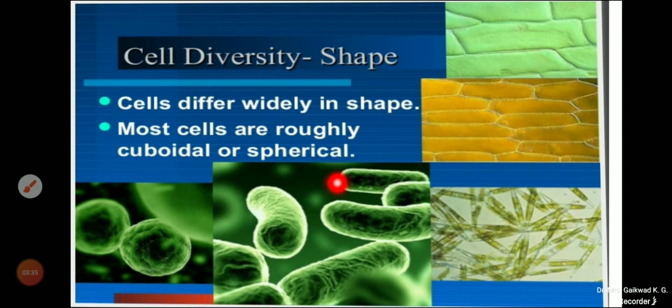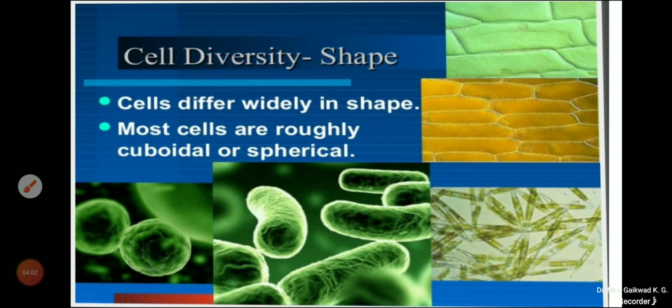A cell may be spherical, rectangular, flattened, polygonal, oval, triangular, conical, columnar, etc. We already discussed these different types of tissue in the previous chapter, where we observed that different types of tissues have cells of varied shape.